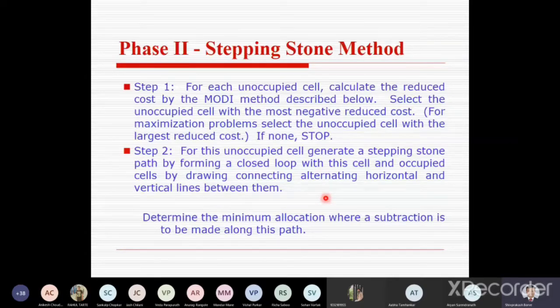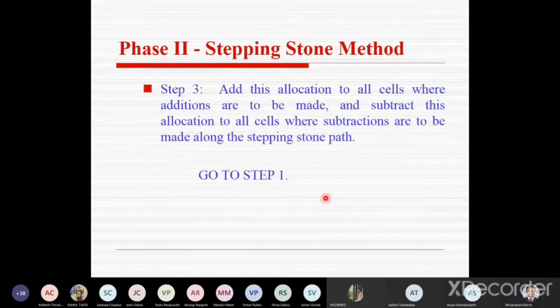Determine the minimum allocation where the subtraction is to be made along this path. Add this allocation to all cells where additions are to be made, and subtract this allocation from all cells where subtractions are to be made along the stepping stone path. I will explain this third step also in the numerical.